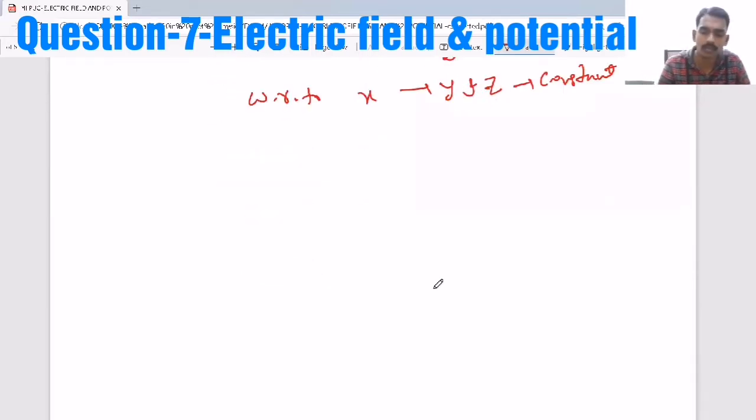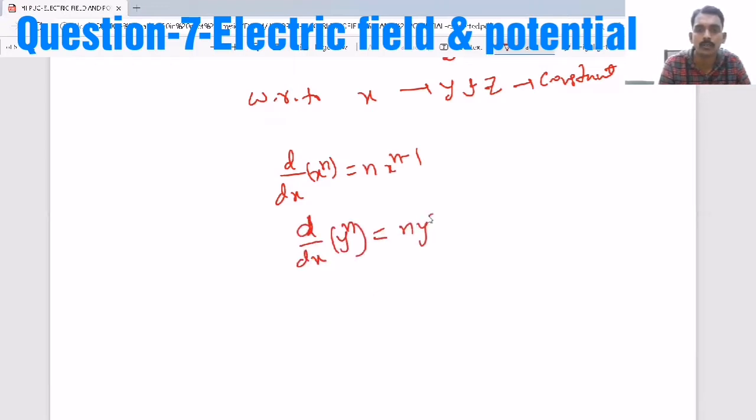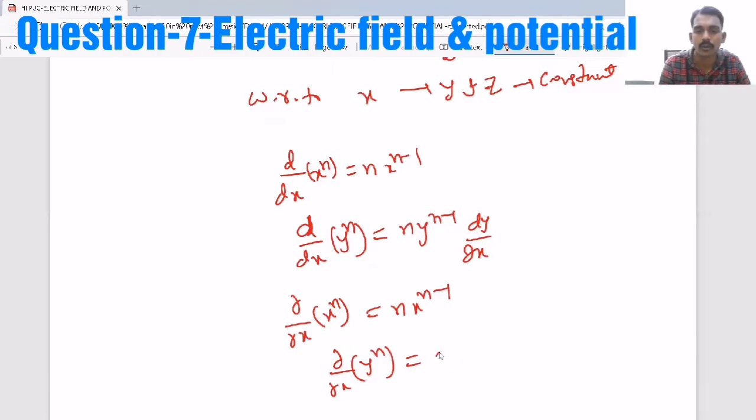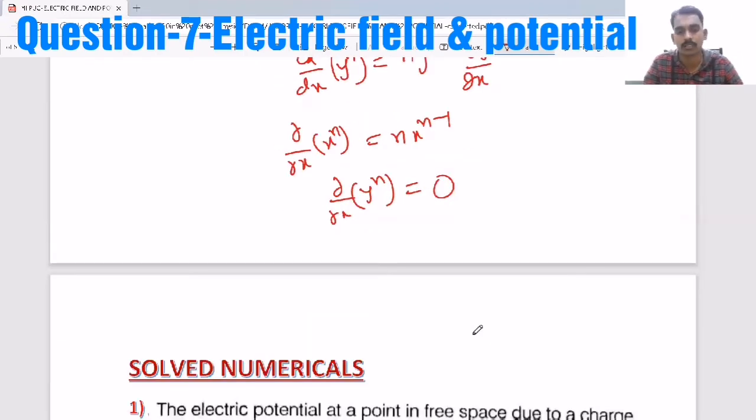But differentiation formulas remain the same, just like d by dx of x power n equals n into x power n minus 1, and d by dx of y power n equals n into y power n minus 1 into dy by dx. Same way here, dou by dou x of x power n is n into x power n minus 1, but dou by dou x of y power n or z power n is 0, because with respect to x, y is constant.